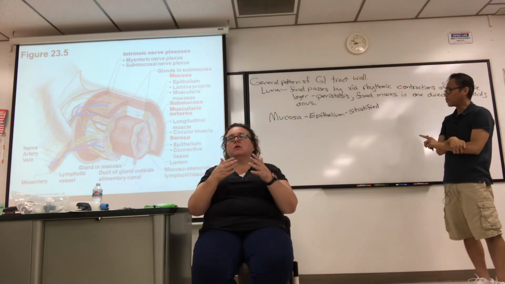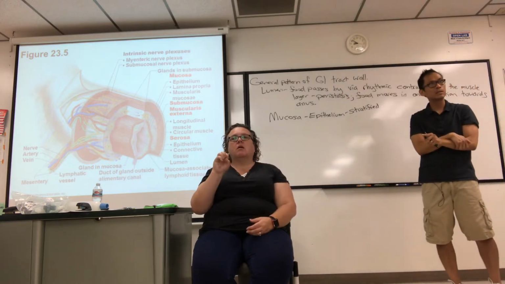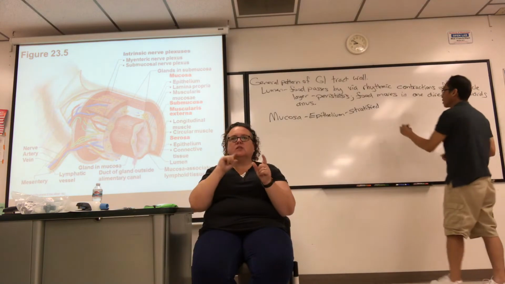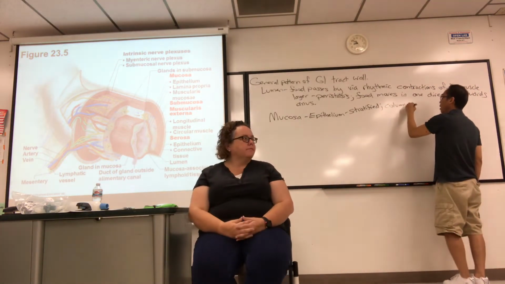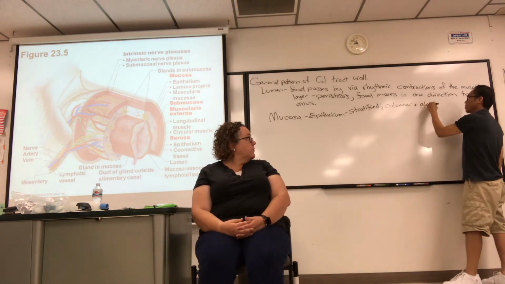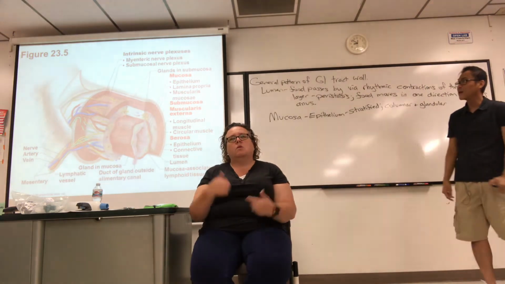A lot of the epithelium is columnar epithelium arranged into glands. You can see that a lot. So stratified, columnar, and glandular. We'll get into details of that.